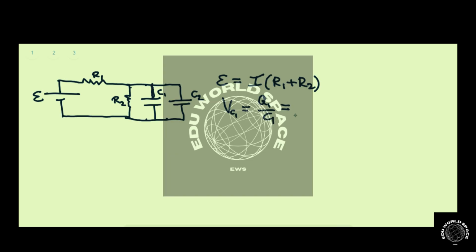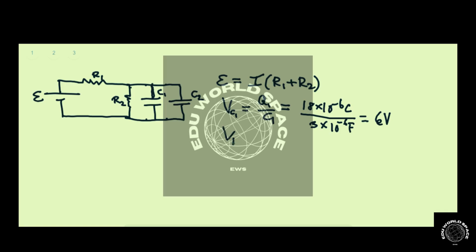And that is 18 times 10 to the minus 6 coulombs over 3 times 10 to the minus 6 farads, which is 6 volts. So there's a 6 volt potential difference here. The potential difference across the capacitor is the same across this resistor R2.